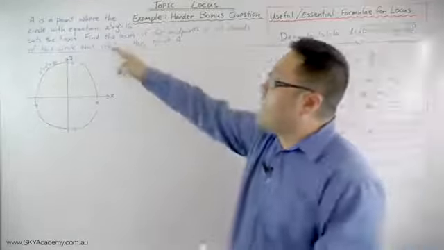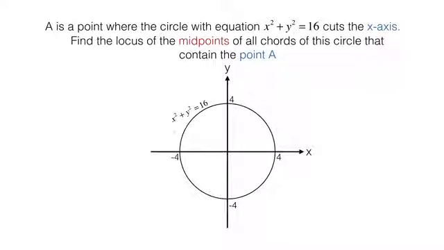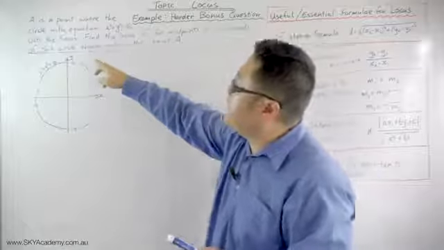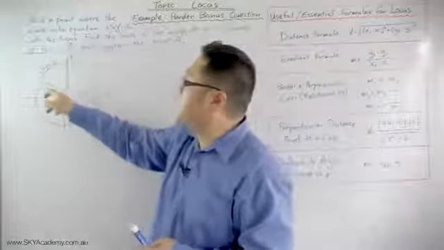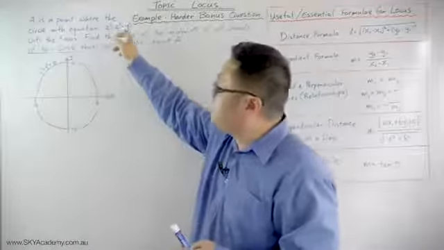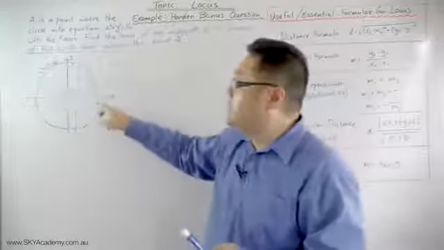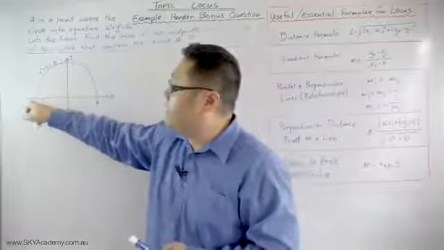All right. So A is a point where the circle with equation x squared plus y squared equals 16. So obviously it's a circle with center the origin with radius 4, right? That's the equation of the circle. And A is a point where it cuts the x-axis. So we're dealing with this point here and that point there.